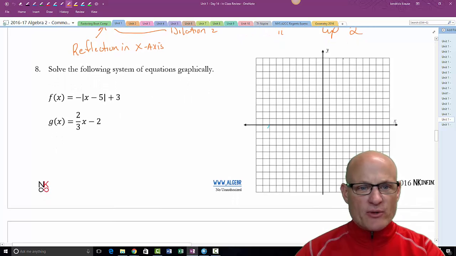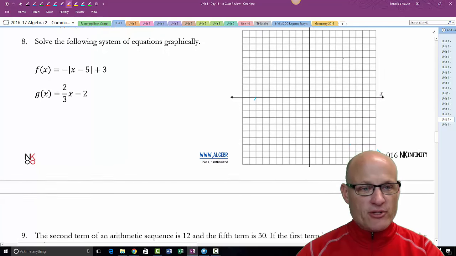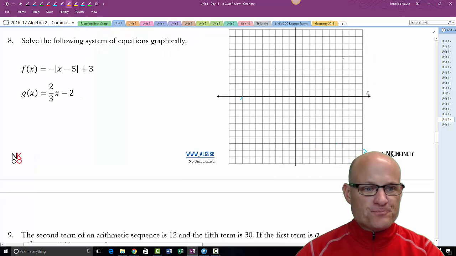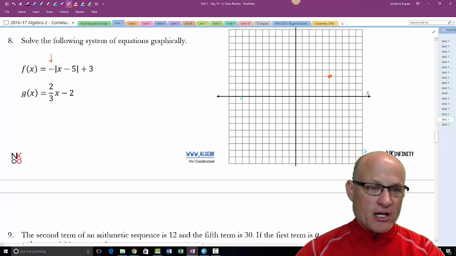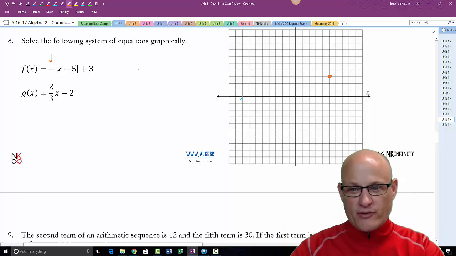All right, solve the following systems of equations graphically. All right, so let me do these in two different colors. I'm going to do the absolute value first. We're going to go to the right 5, 1, 2, 3, 4, 5, and up 3, 1, 2, 3. Because of this negative in front, I'm coming down, but it's a -1, so I'm coming down by ones.